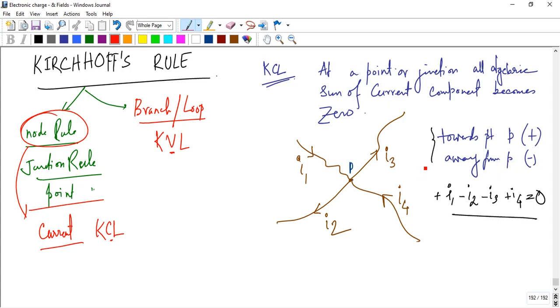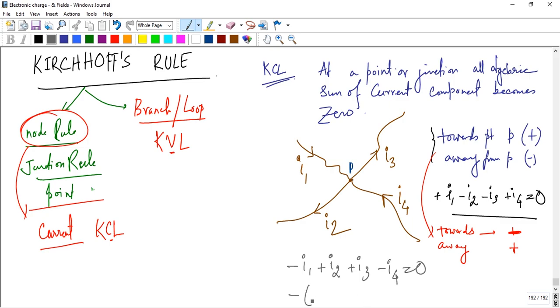Now flip it: towards is minus and away is plus. So minus I1, I2 is away so plus I2, I3 is away so plus I3, and I4 is towards so minus I4, equal to 0. Taking minus common, I1 minus I2 minus I3 plus I4 equal to 0.